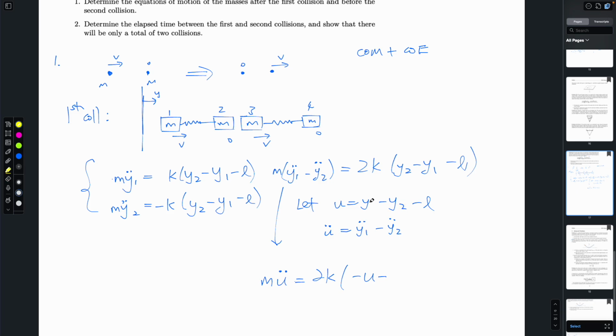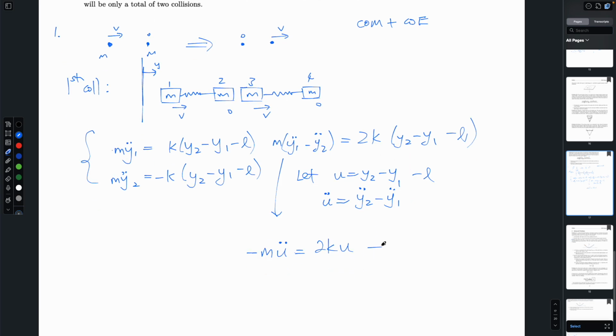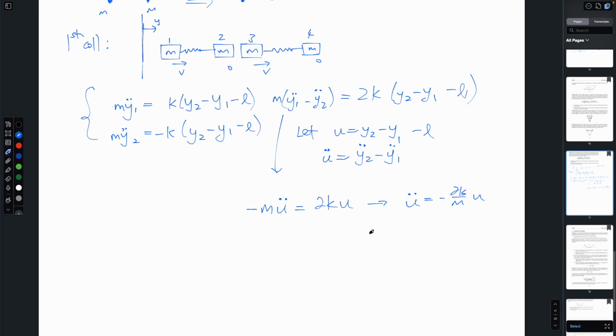Should be, okay? And then we can rearrange for u. And this is just the SHM equation.